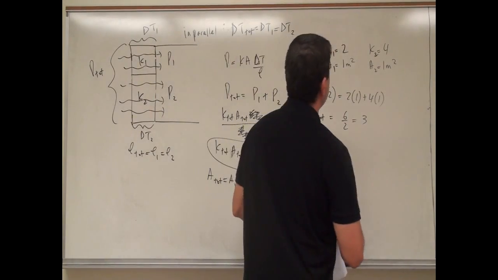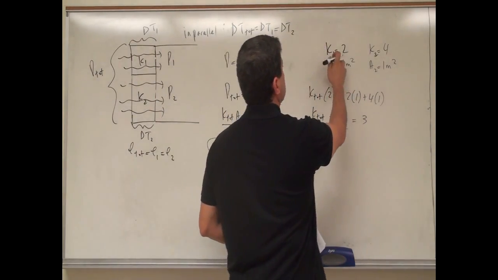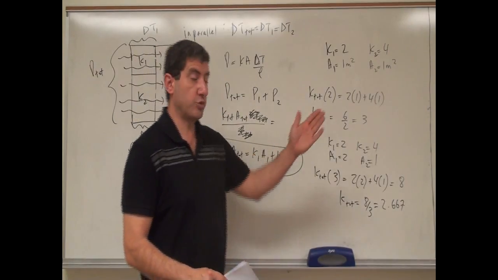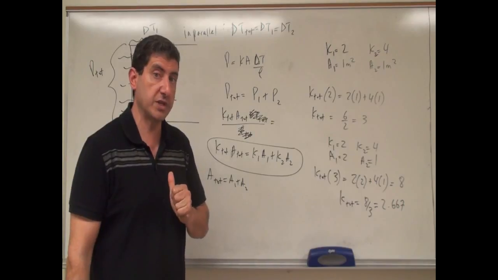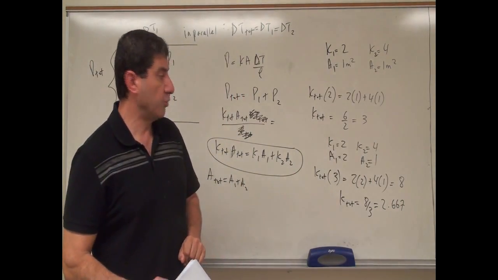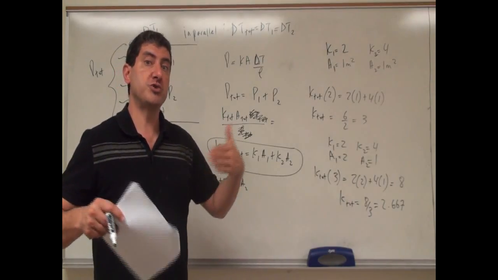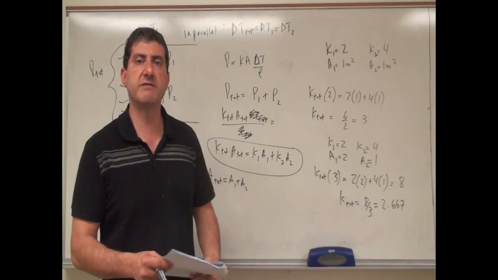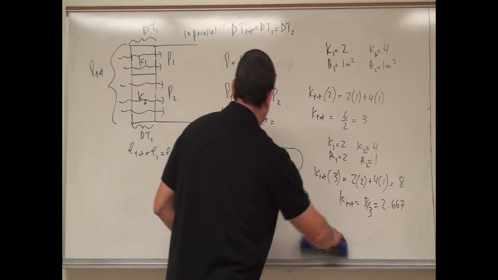So then, how about if we make the K1 have bigger surface area? We went down from 3 down to 2, so it seems to be following the same pattern. As the surface area of A1 gets larger, it starts to dominate the conductivity of the material, and the K value approaches the value of K1, right?